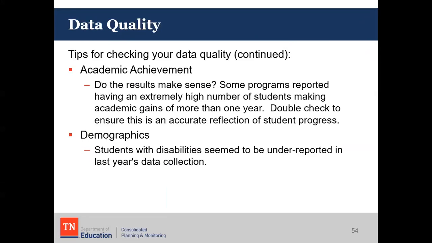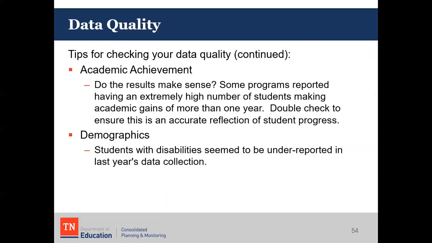Also, in academic achievement, do the results make sense? Some programs reported having an extremely high number of students making academic gains for more than 1 year. Double check to ensure this is an accurate reflection of student progress.